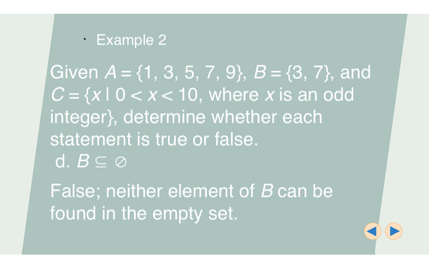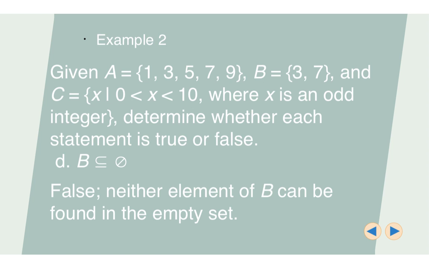And the last one, D. B is a subset of null, of nothing. Is this true or false? Remember, let's remember what null actually means. It's something that has no numbers in its set. Is B a subset of nothing?